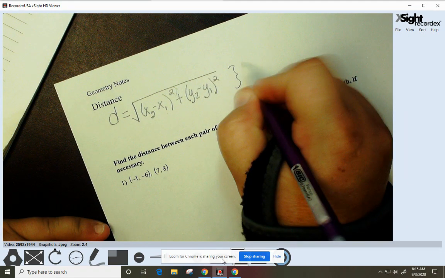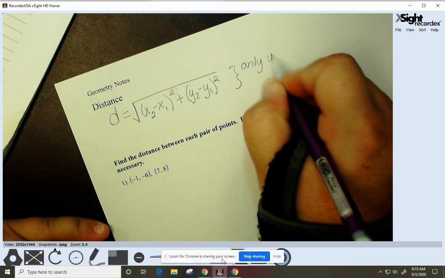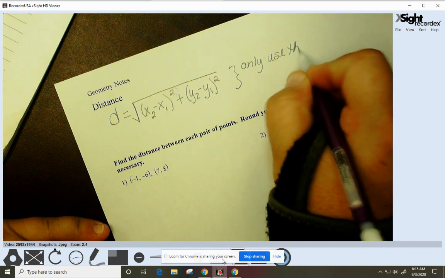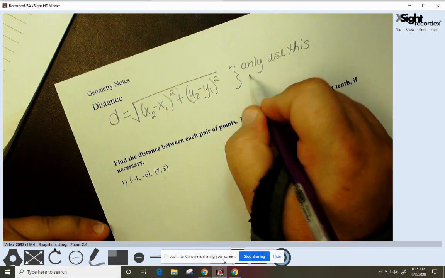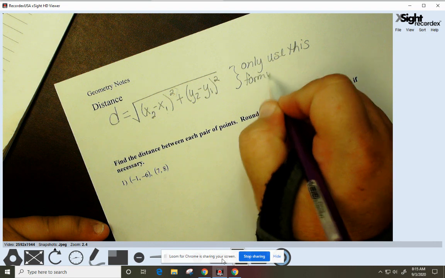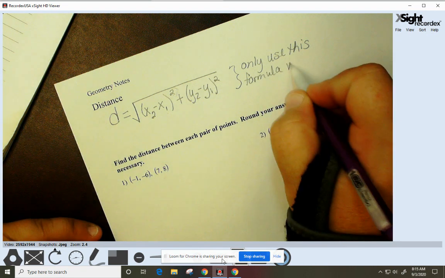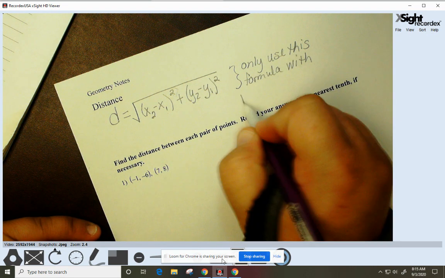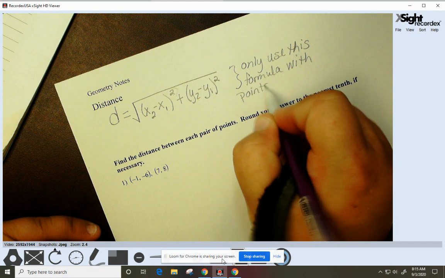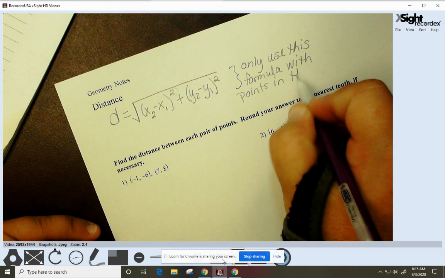Okay. I only use this formula with points in the coordinate plane.